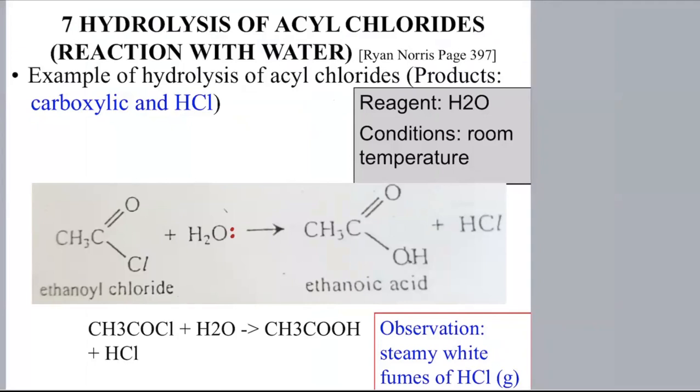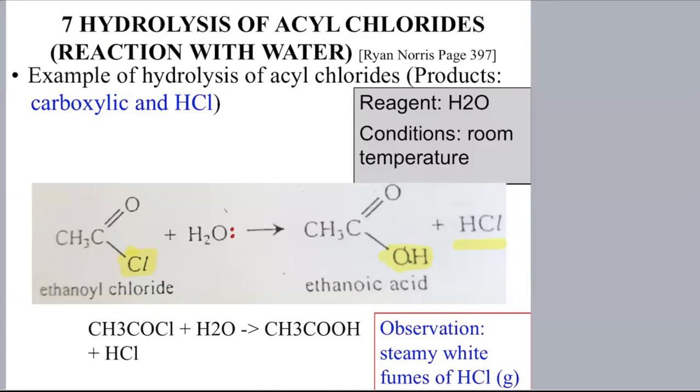When ethanoyl chloride reacts with water, the chlorine has been replaced with an OH group. When we look at the mechanism, only then will you understand why that's the product. And then you get HCl. I'll show you how to get HCl in the mechanism later.